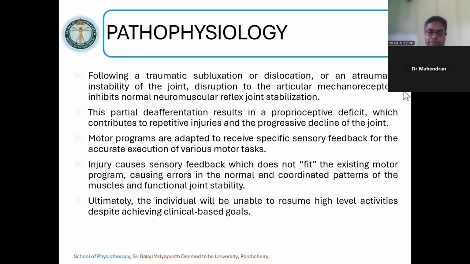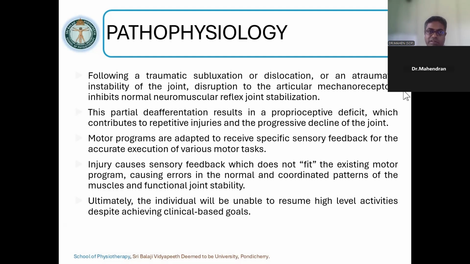So we need to take some measures also to restore this proprioceptive function. Following a traumatic subluxation or dislocation, or an atraumatic instability of the joint, or disruption to the articular mechanoreceptors, the normal neuromuscular reflex joint stabilization is inhibited.